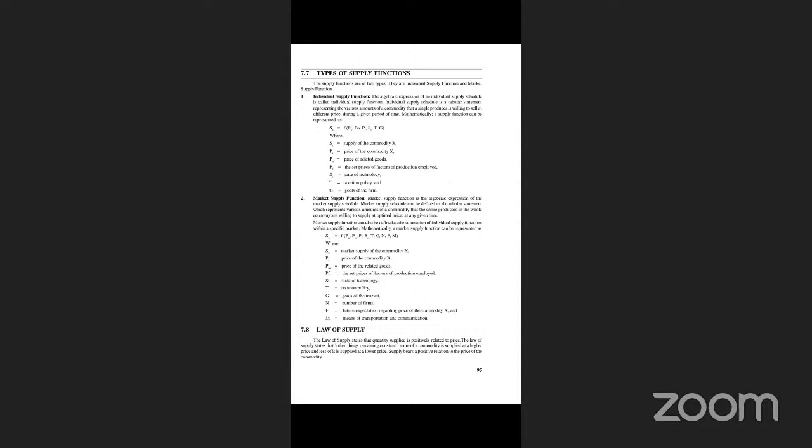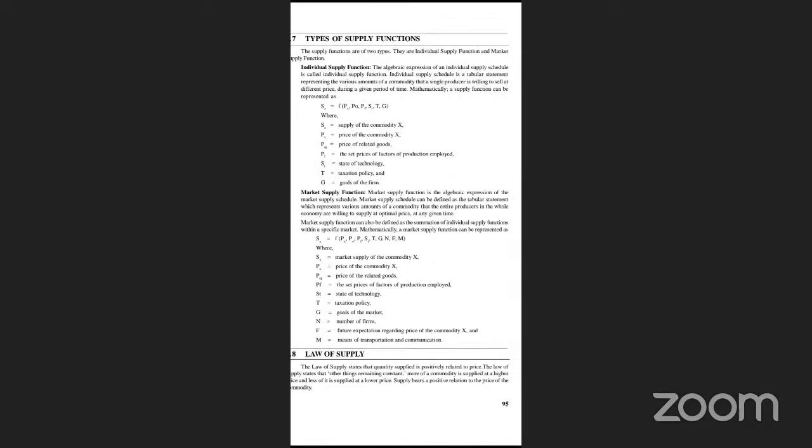In this, it is important to differentiate between supply and stock. In this part of the unit, supply and stock is very important. Differentiate between supply and stock. Next, we have different types of supply function, which are connected to the individual and the market.